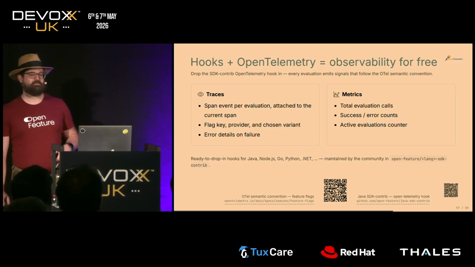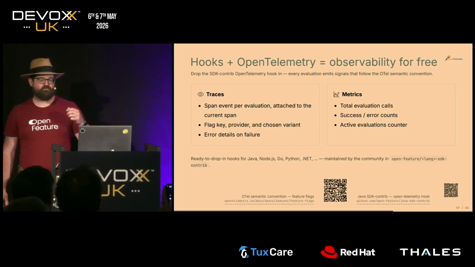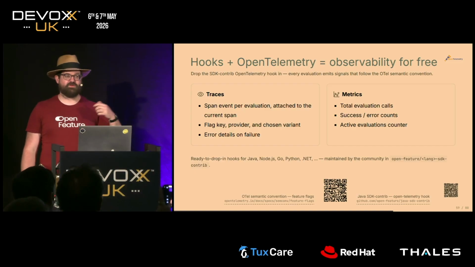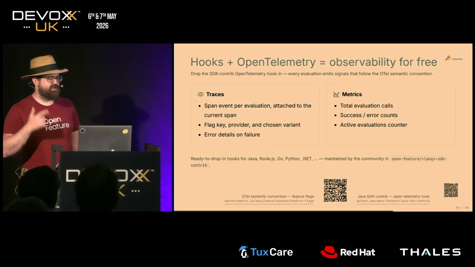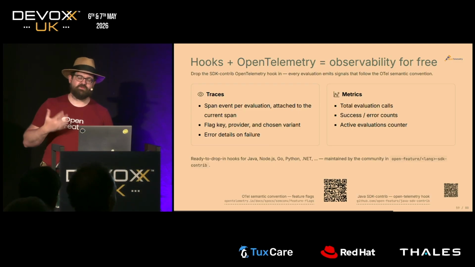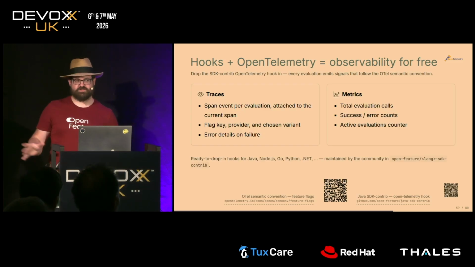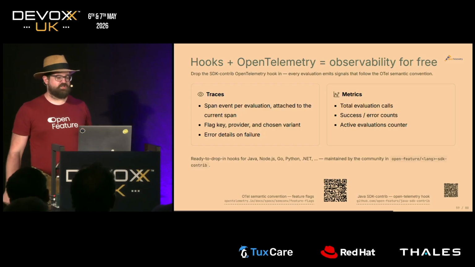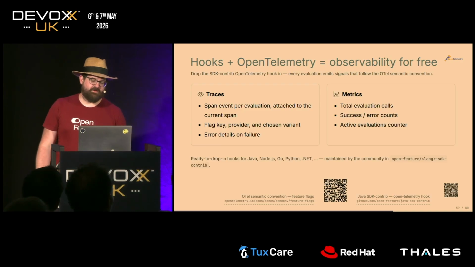So you get observability. You get information on your traces, like what feature flag was evaluated during this request, to which value, which variant, which provider was used. And when you have errors, you get error details. Additionally, complementary, you also get metrics, like total evaluation calls, success and error counts, active evaluation counter.